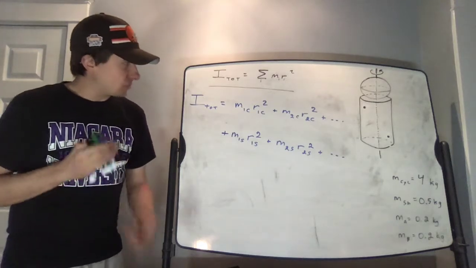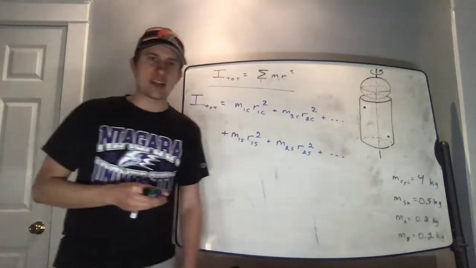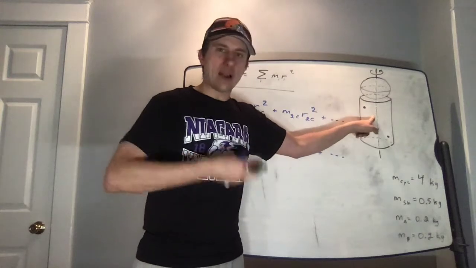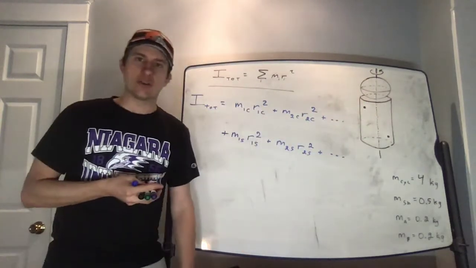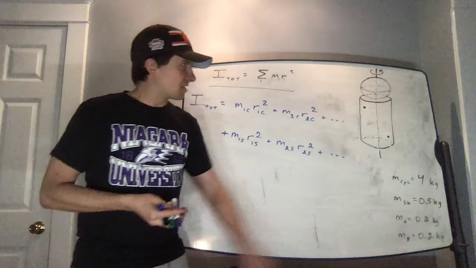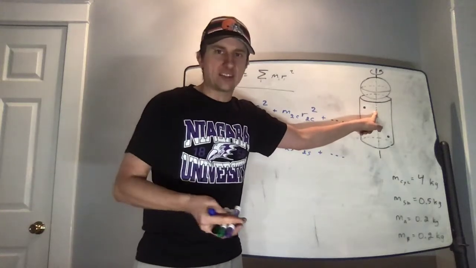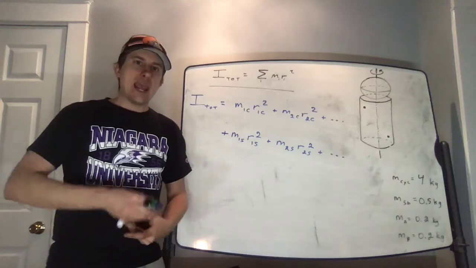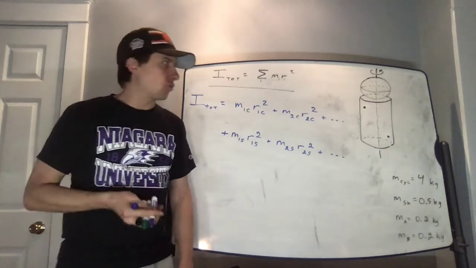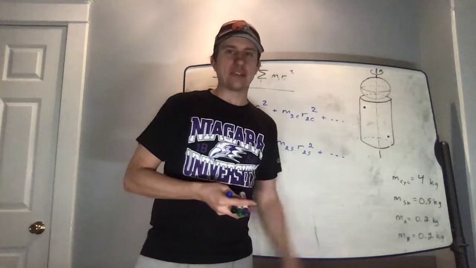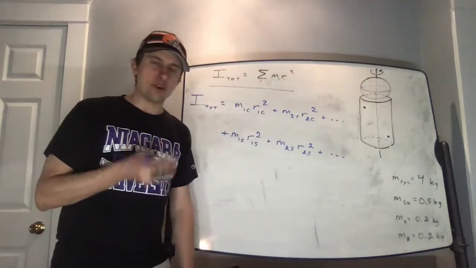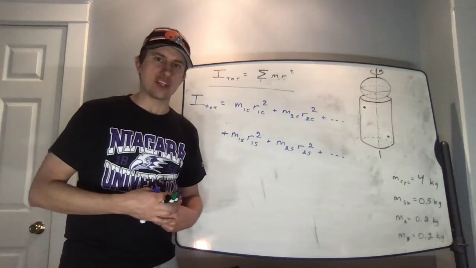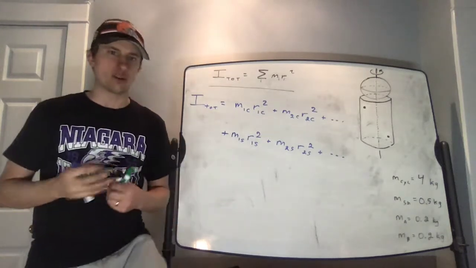Well, if the center of rotation goes right through the central axis of the cylinder, and the point particles are on the outer face of the cylinder, then the distance from the point particle to the central axis of rotation will be the same as the radius of the cylinder. And that will not matter no matter where I glue the point particle on the outer face of the cylinder. The point particles will always be a distance from the center of rotation equal to the radius of the cylinder.